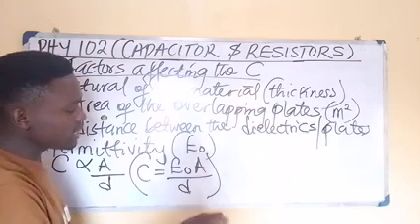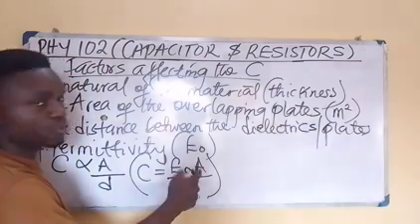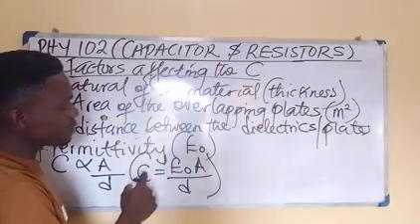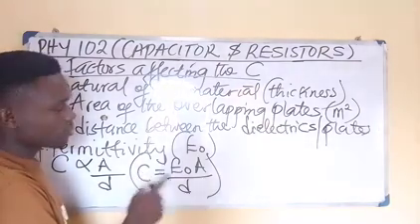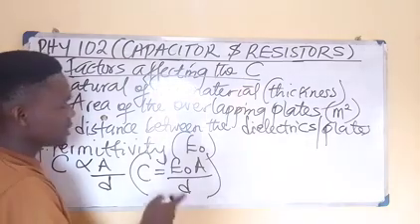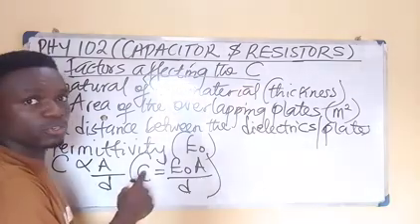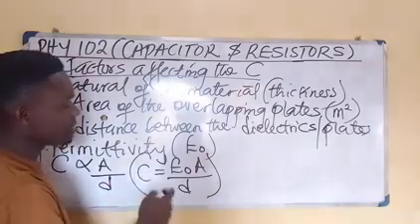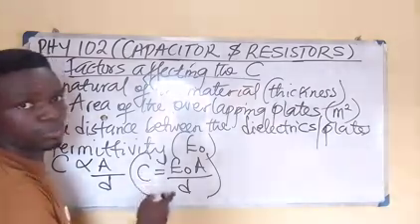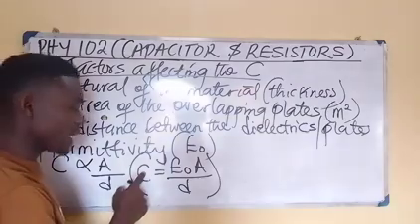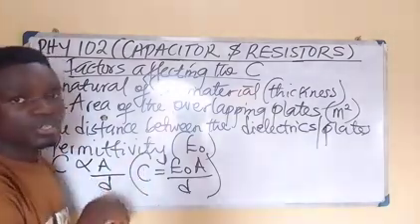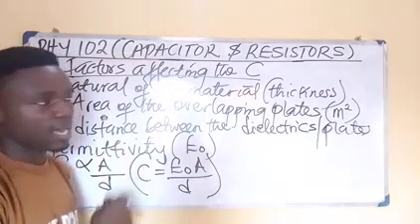As the area increases, the capacitance increases. As the distance increases, the capacitance decreases, because they have an inverse relationship. Any time you hear inverse, it means that as one increases, the other decreases.